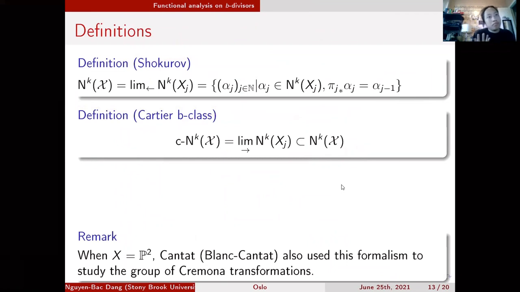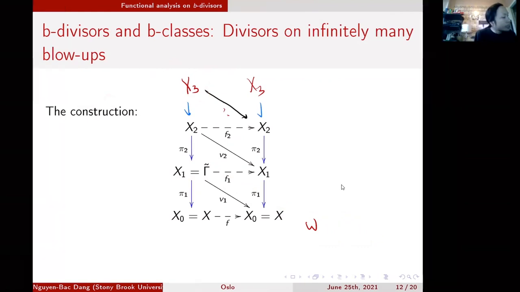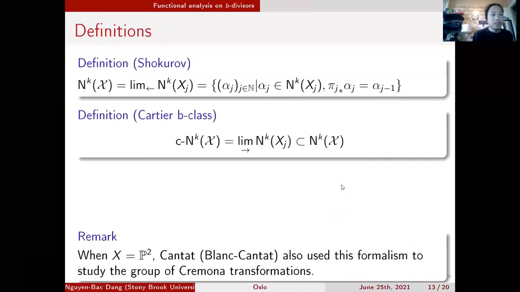Why? Because I want to take my ample class on X and start pulling it back and calculating intersection numbers upstairs, in a finite model. So if I have the nth iterate of F, I will compute my intersection numbers in Xn, the model that is obtained by pullback n times.